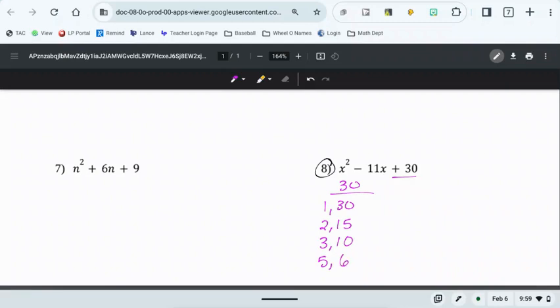Now, factors of positive 30 can be a positive times a positive, or they could be a negative times a negative. So we do all the same factors, we write them all out, except making them both negative.